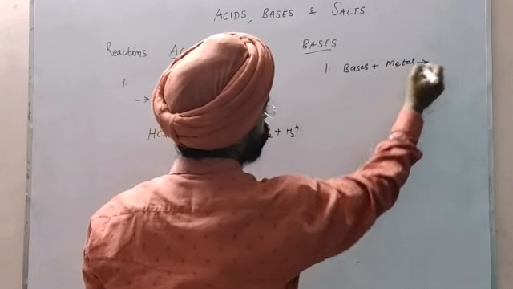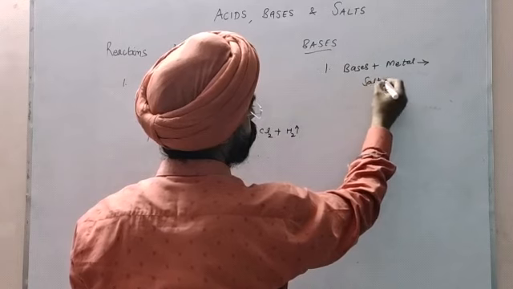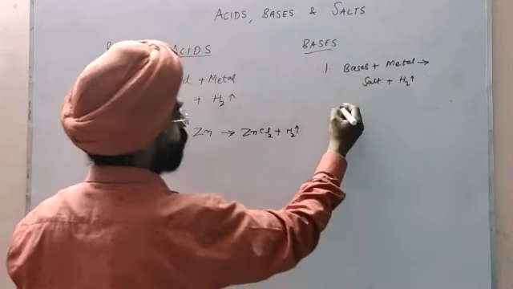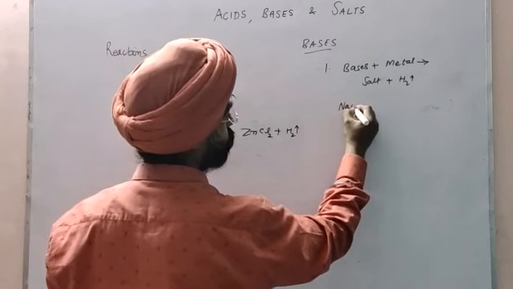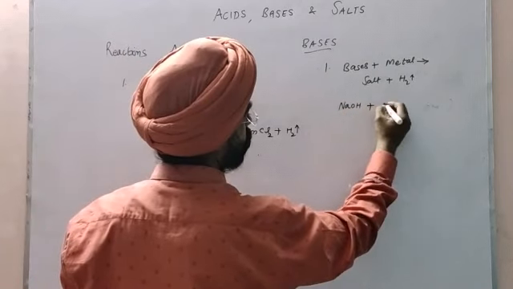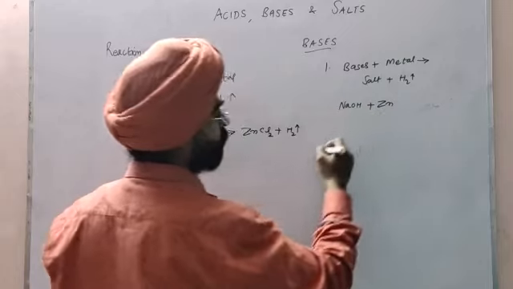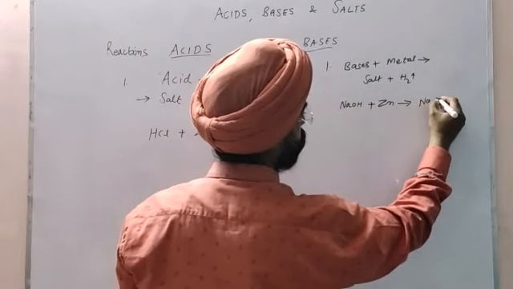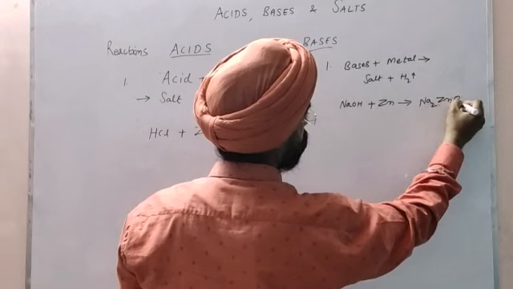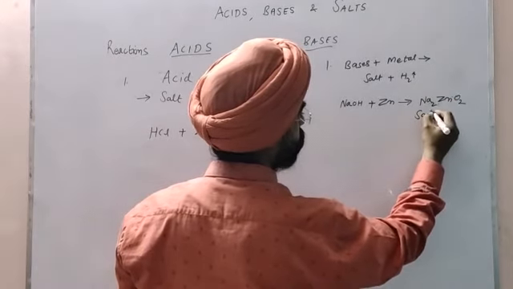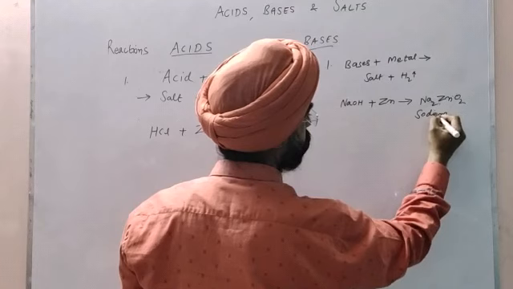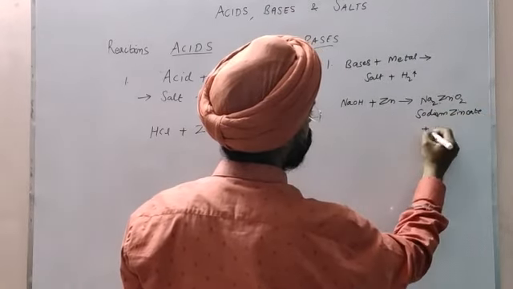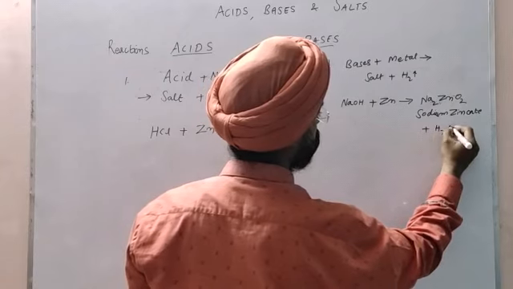It will also form salt plus hydrogen gas is released. Take an example like NaOH plus zinc metal. It will form Na2ZnO2, this is sodium zincate, and hydrogen gas is released.